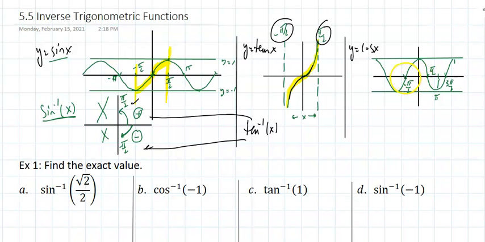But if I restrict it between negative pi over 2 and pi over 2, that wouldn't be one-to-one. That would be a problem. Rather, I could move to pi over 2, to pi. So if I'm running an inverse cosine, I could start at 0 and run to pi over 2. That's not a problem, and I could continue on beyond pi over 2 all the way to pi.